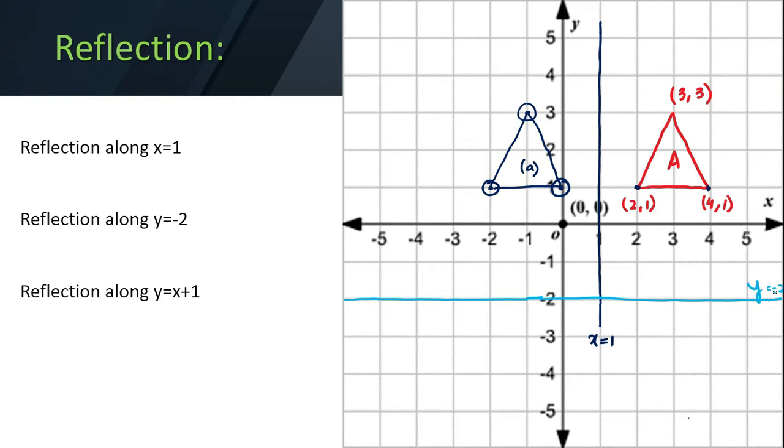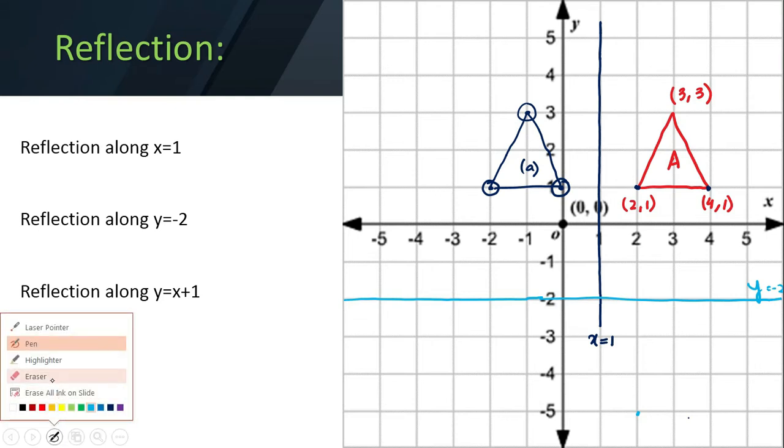So we will check the distance of each vertex from the line of reflection and mark it on the opposite side. If we mark this distance, here we have 3 boxes on the opposite side, 1, 2 and 3, but we will not get the image here because this length is 2 boxes and we don't have space here. So let's change this line.